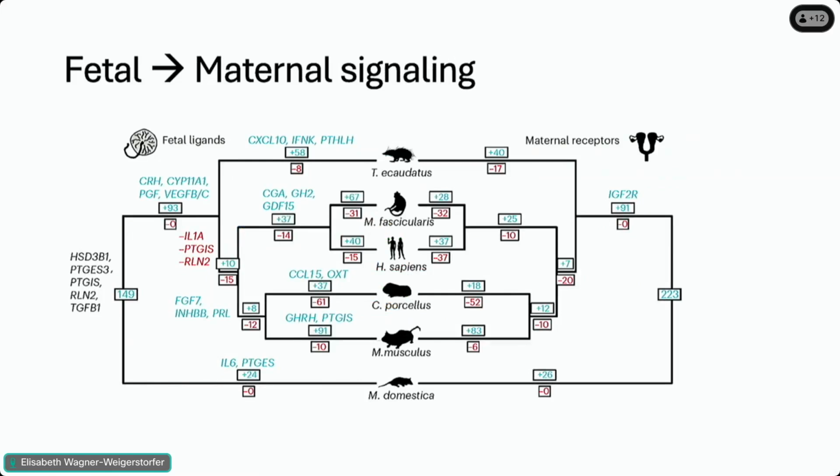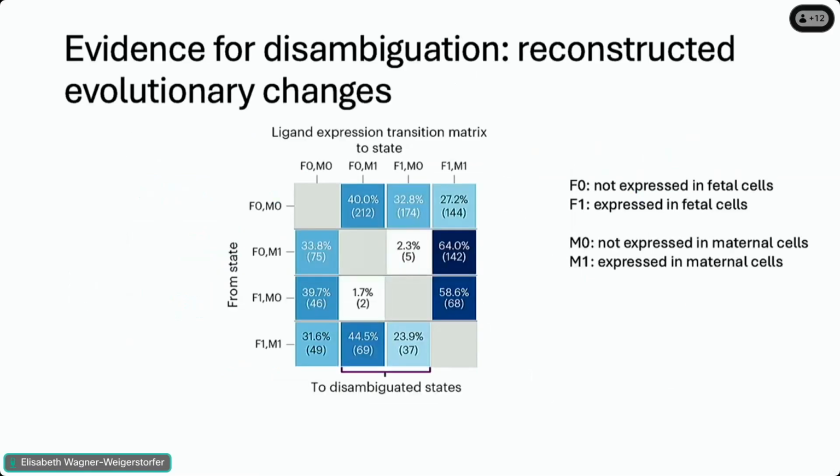You can also put the whole thing on a phylogeny and ask what is the evolutionary trend of getting ligands being expressed in one or the other tissue. In order to make this a little bit easier to see, this is the transition matrix, where F0 M0 would be not expressed at all. This is only expressed in the mother, this is only expressed in the fetus, and this is expressed in both. And this gives you the ancestral state and the derived state based on our reconstruction.